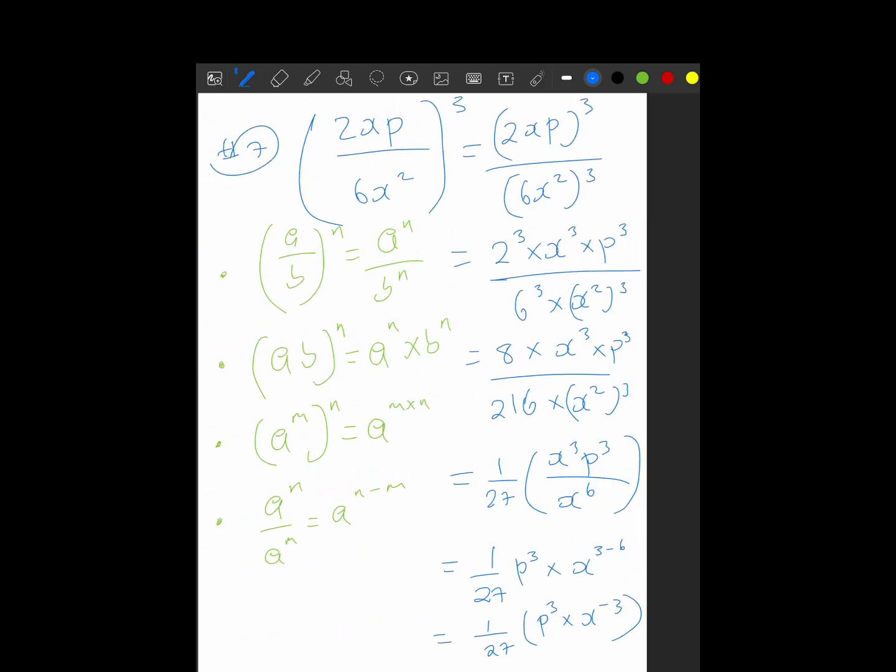I mean, this answer can be written like this, by the way. You can actually still simplify it further. Let me just come back to the previous result. This can be written as p cubed x power negative 3 over 27.